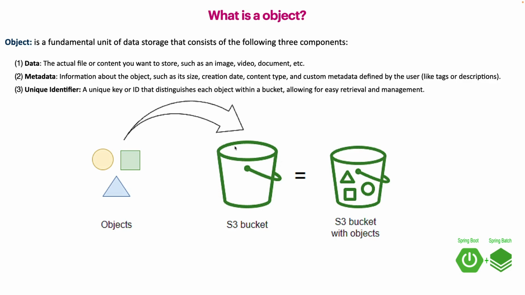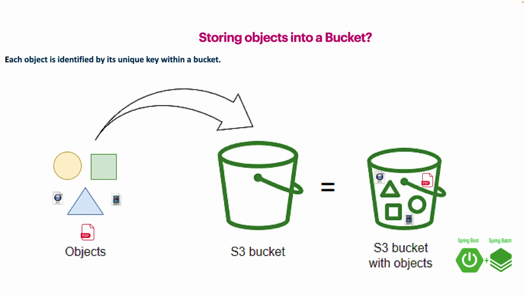So the bucket is the place that we are going to use to store our objects, and the object is anything that we have, for example, MP3, PDF, MP4, and so on. As we can see here, we store our objects in a bucket. Here is an S3 bucket with objects. This is just the bucket, and this is the bucket with objects. You just have to understand that.